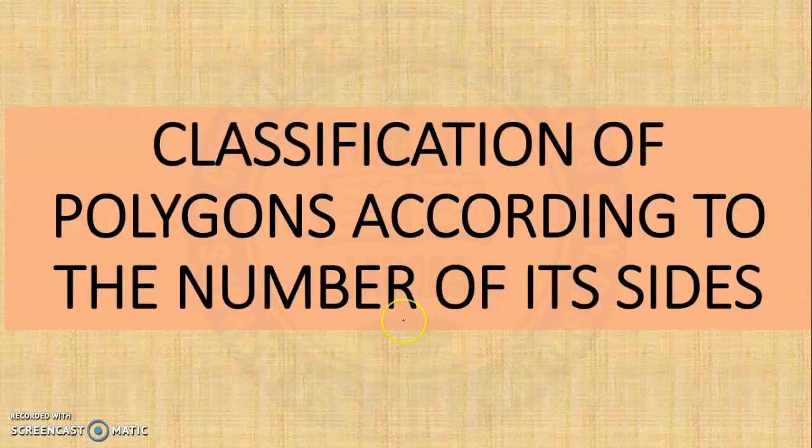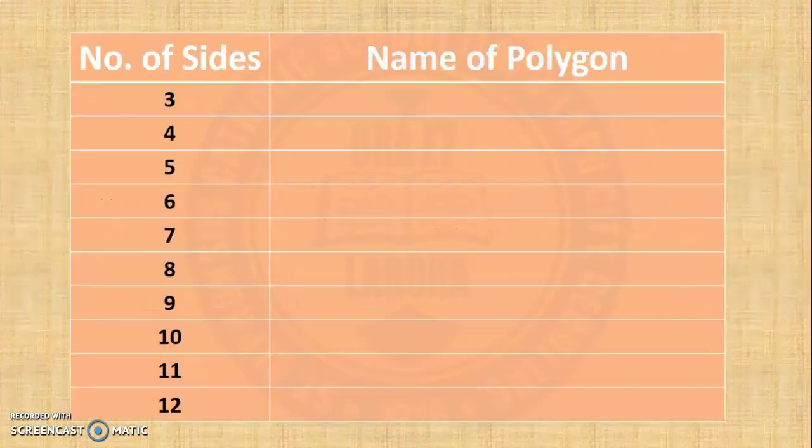Okay, now let's have the classification of polygons according to the number of its sides. So these are the kinds of polygons according to its sides.